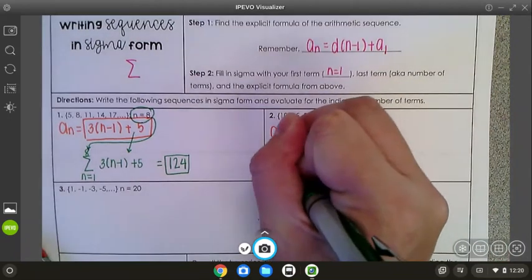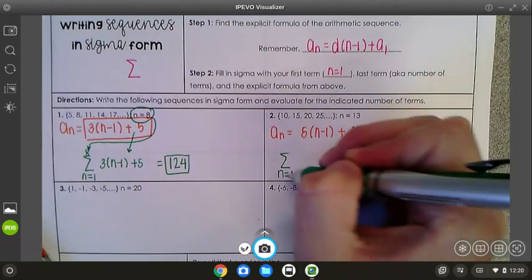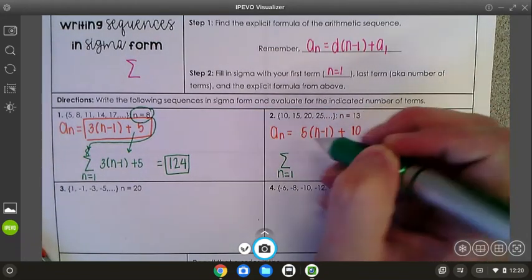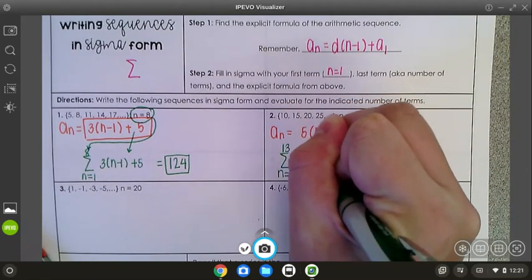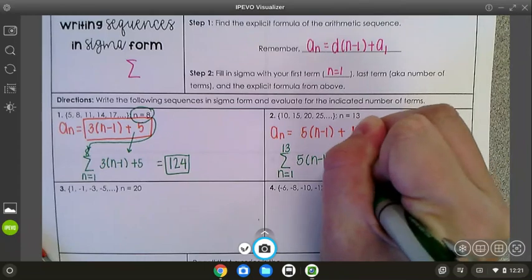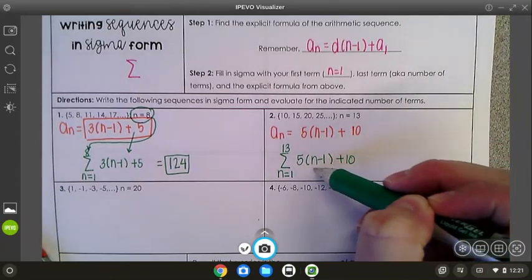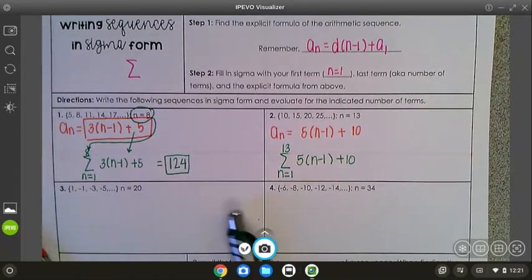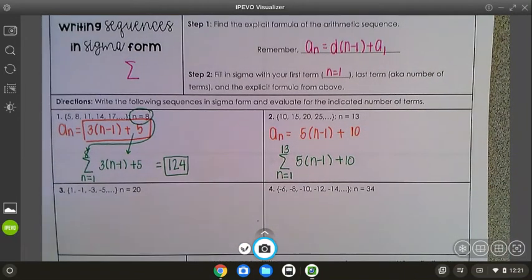And if I want to find the sum, we're going to put n equals 1 on the bottom, 13 on top, and then write in our formula. So that's going to find the sum of this sequence.